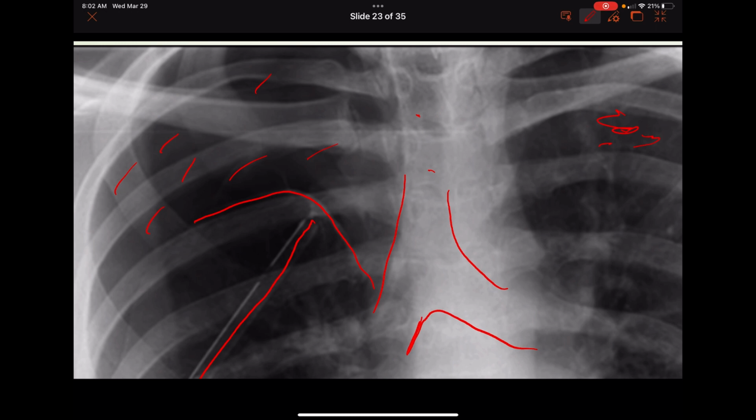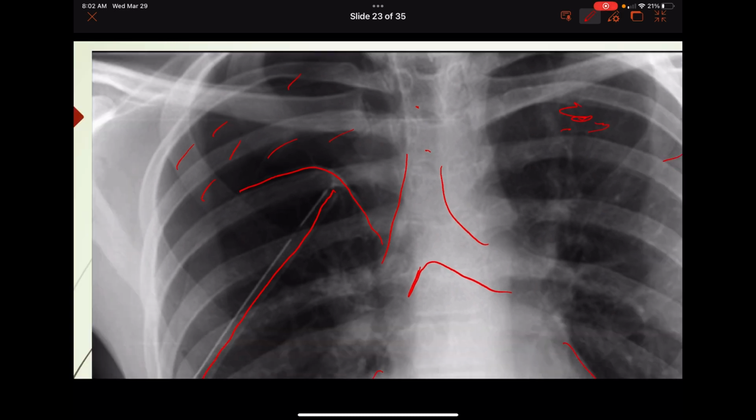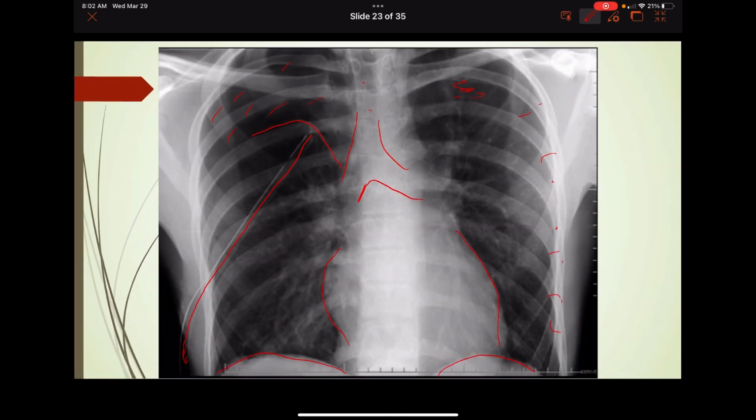So although this patient has a chest tube, it's not fixed that pneumothorax yet. That lung's not expanded. So something is going on, either the tube is plugged, or maybe the holes are outside the body down here, or something. Excuse me. So this needs to be fixed or replaced. And that patient still has a pretty good sized pneumothorax going on.